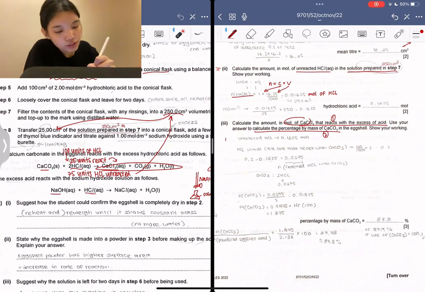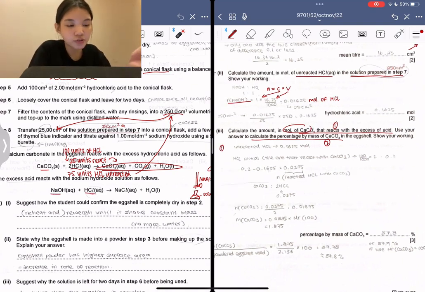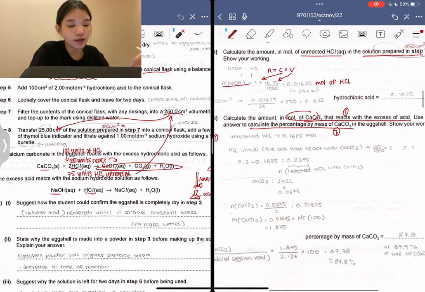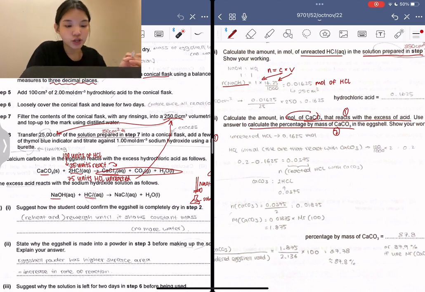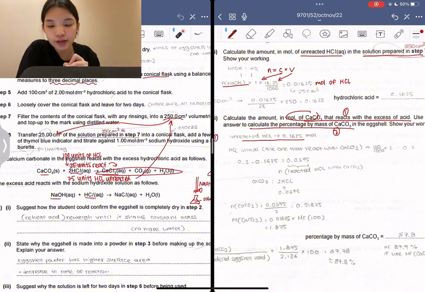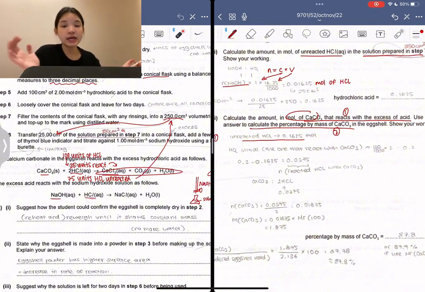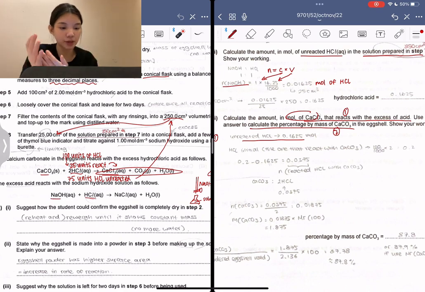Because in the previous question, we already got the value of moles of unreacted HCl in 250 cm3, we just need to find the amount of HCl that actually reacts with the CaCO3. In the previous question, the unreacted HCl is 0.1625 mole.